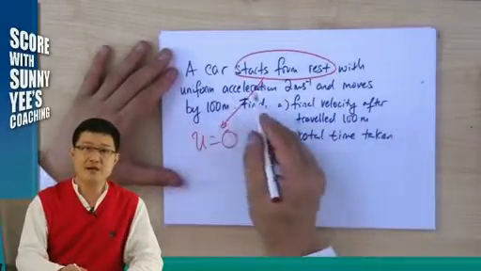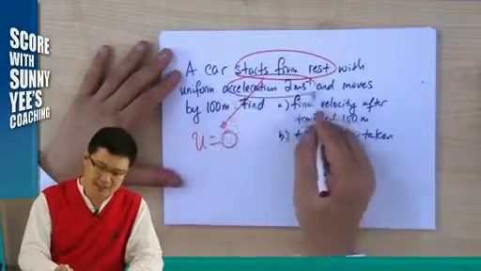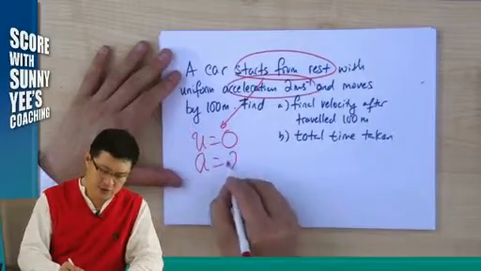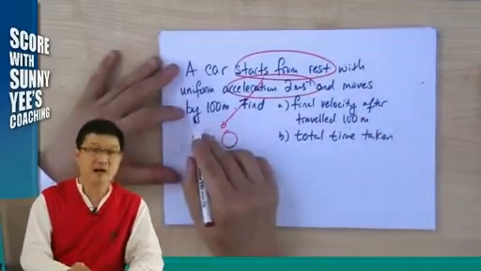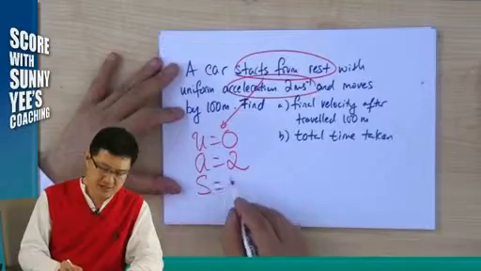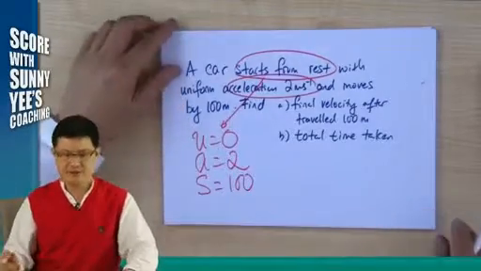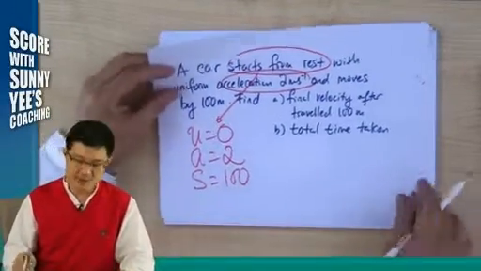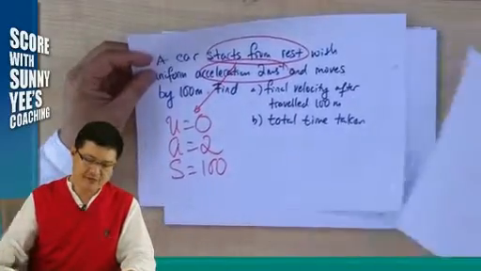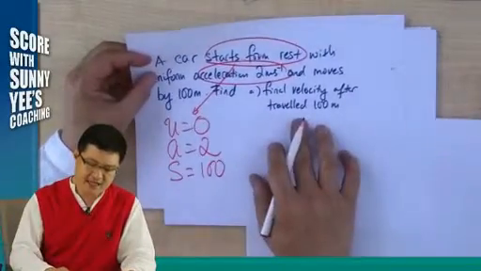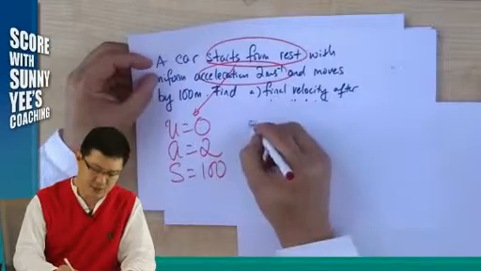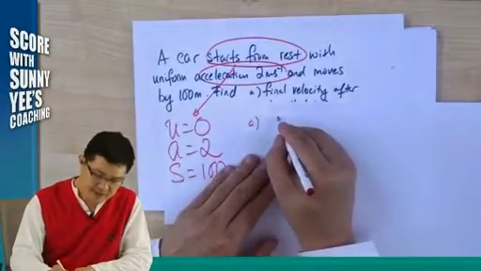With the uniform acceleration of 2 meters per second squared, A is 2. It moves by 100 meters, S is 100. Question number 1 is find the final velocity after it has traveled 100 meters. So question number 1, what is V?